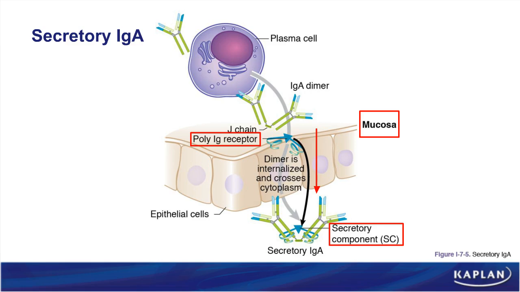That comes to the second function of the secretory component. The secretory component has high affinity for mucin and allows for a semi-permanent attachment of the dimeric IgA to the mucosa so it is not lost in high quantities.